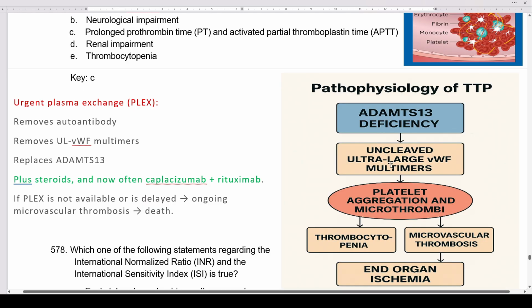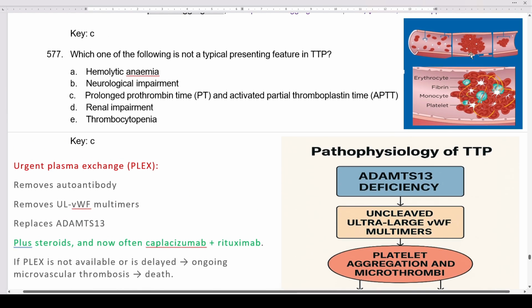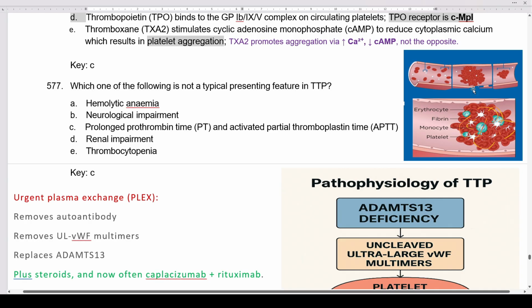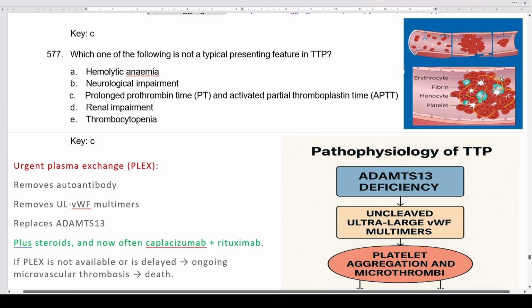When they are released in the circulation, they will aggregate platelets around them and form a microthrombus. When a microthrombus is formed here, many red cells will stick to this, and the other cells which pass through get sheared off, and that's where they are fragmented, and we call them schistocytes or fragmented RBCs.